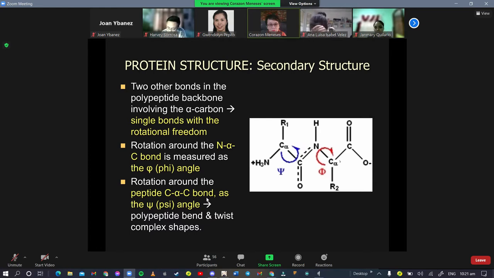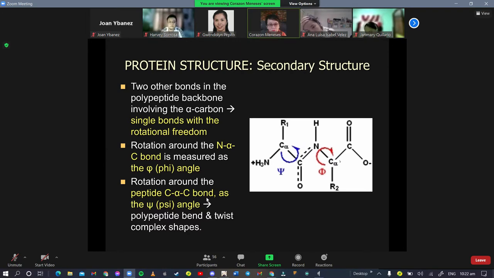But there are these other two bonds known as the psi and phi, or the phi and psi. So the black one is between the alpha carbon and the carbonyl carbon. The red one is between the N and the alpha carbon. Okay, so these two can undergo rotation.